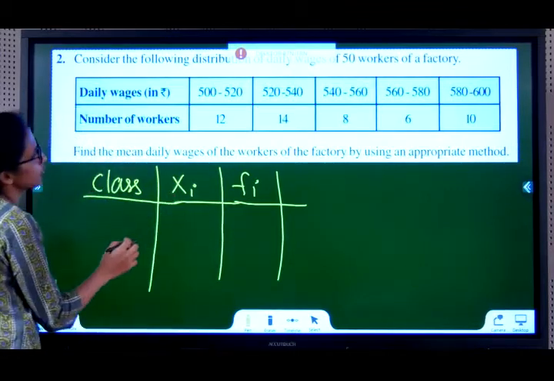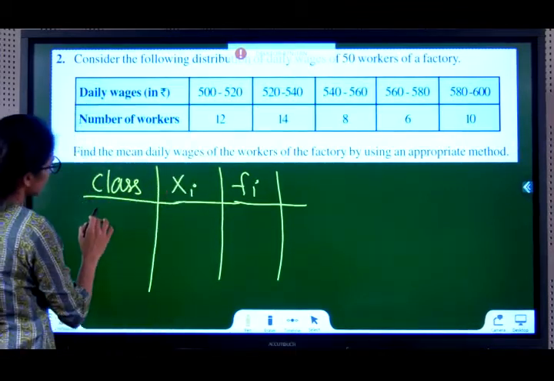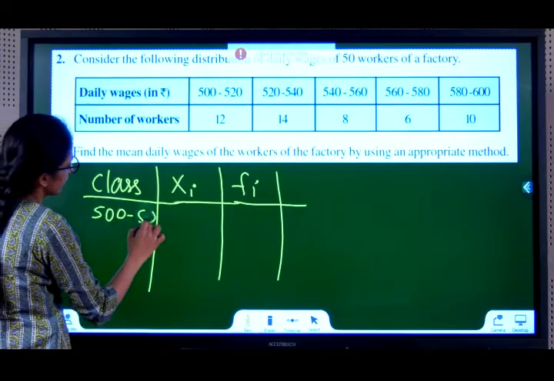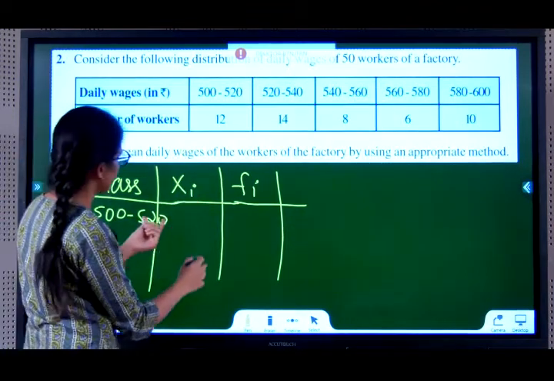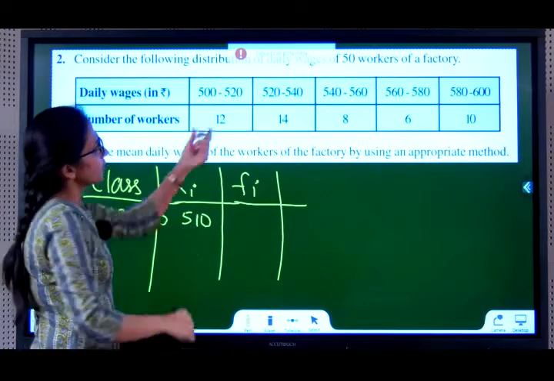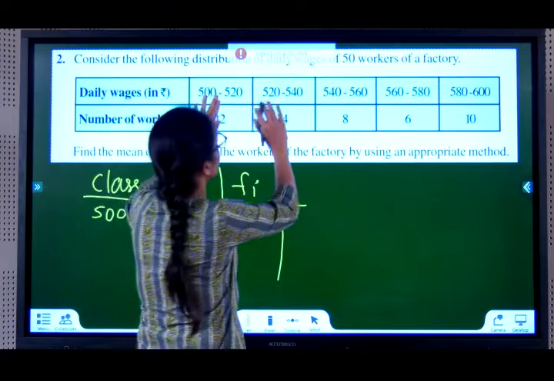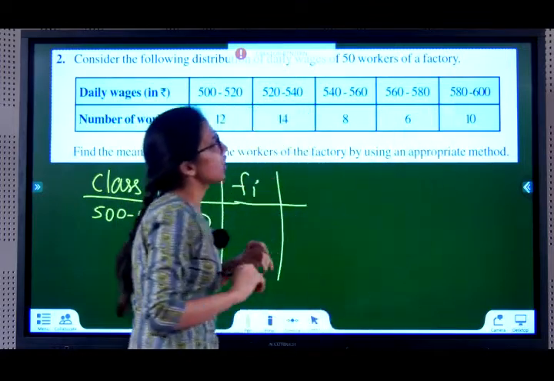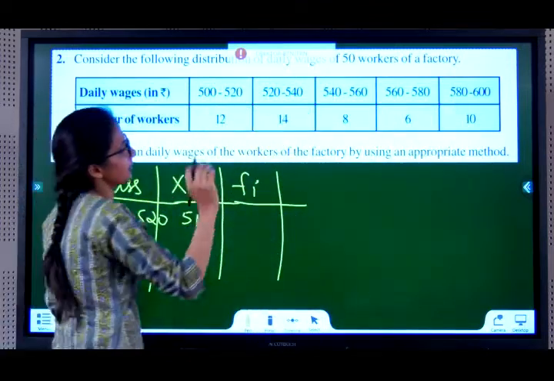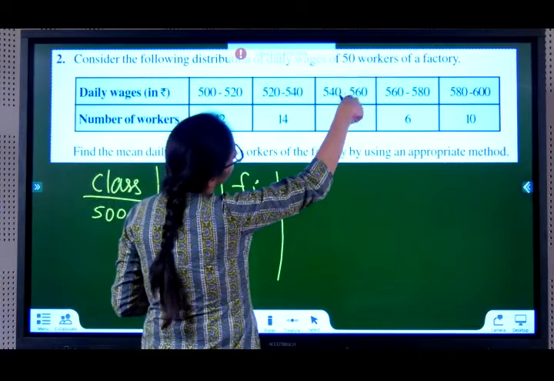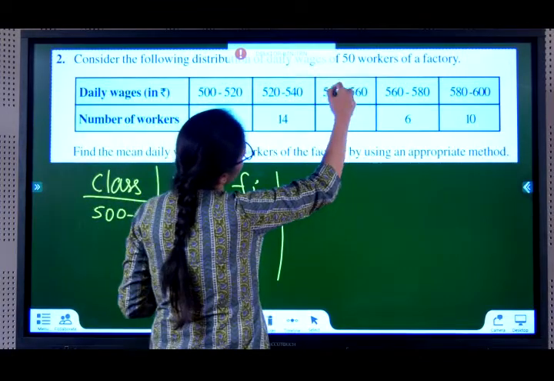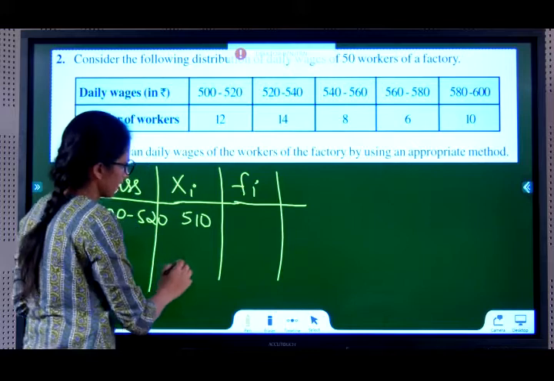How will we choose our assumed mean here? 500 to 520, you find the xi to be 510, 530, and so on. There are 1, 2, 3, 4, 5 classes. So the centermost class, the middlemost xi value, that's nothing but 540 plus 560 by 2.